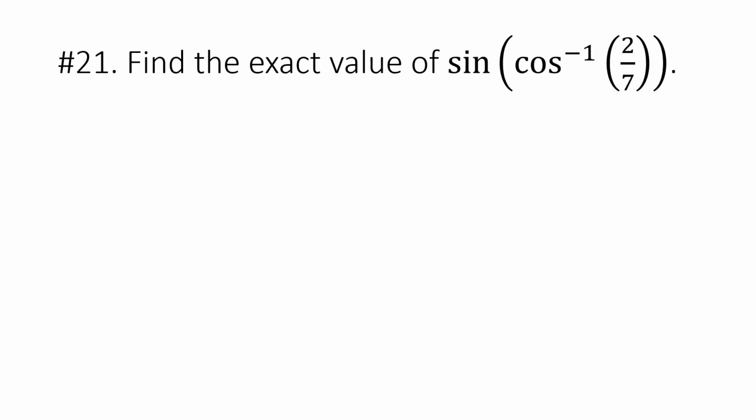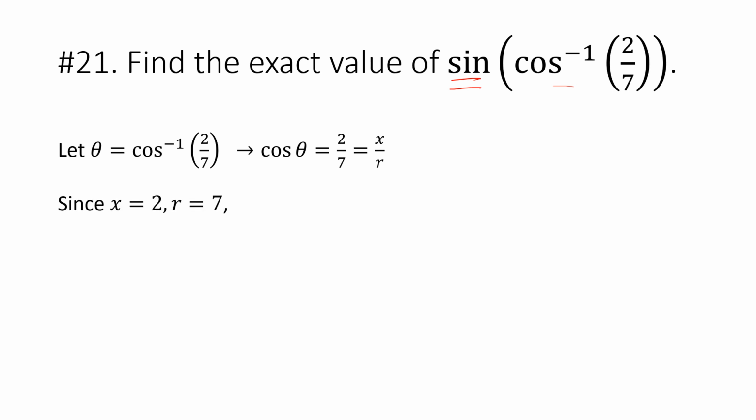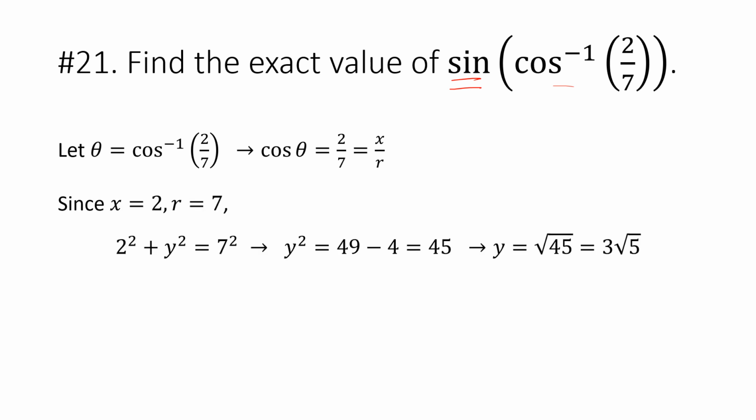Okay, find the exact value of sine of cosine inverse 2 over 7. The outside function is most important. We want to find sine. So this is the angle. Let theta be cosine inverse 2 over 7. What this means is cosine theta equals 2 over 7. Cosine is x over r, so x is 2, r is 7. We have to find y. So 2 squared plus y squared equals 7 squared.